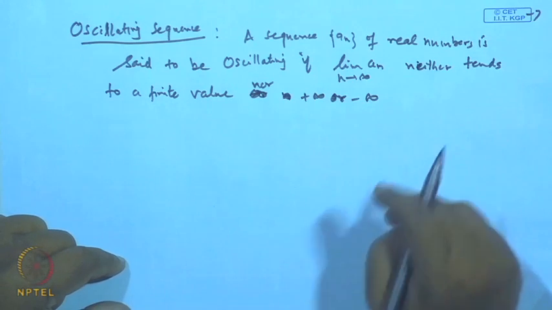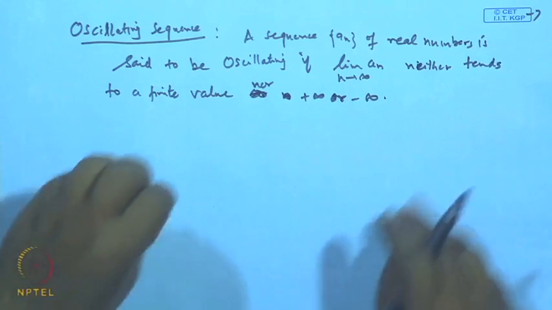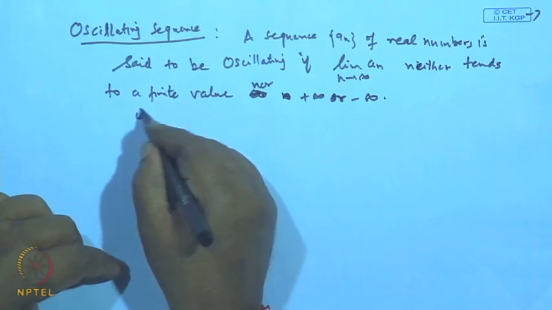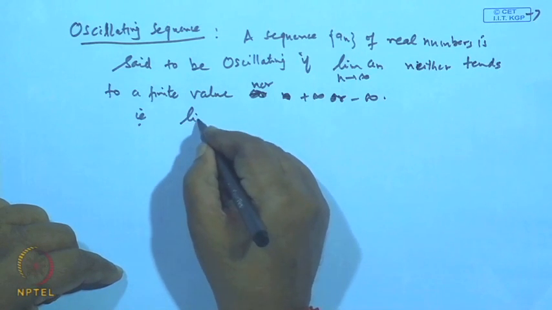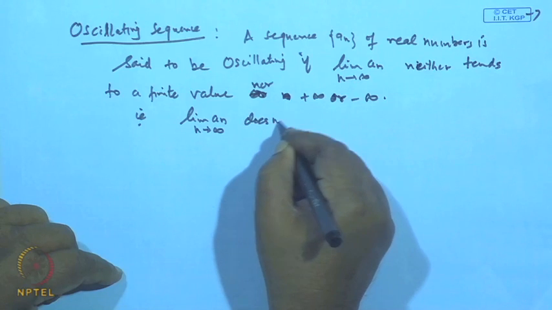The meaning is that a n is such that the limit does not exist. Limit does not exist means that the limit of the sequence a n when n tends to infinity does not exist.